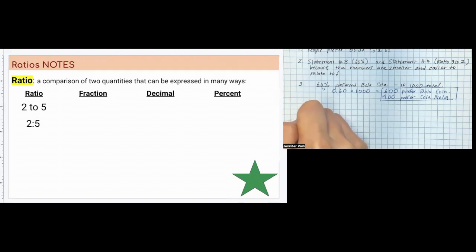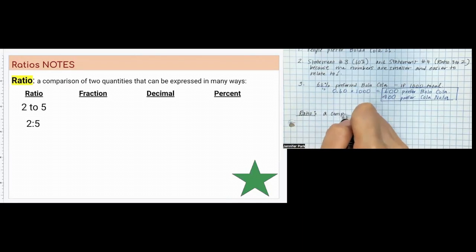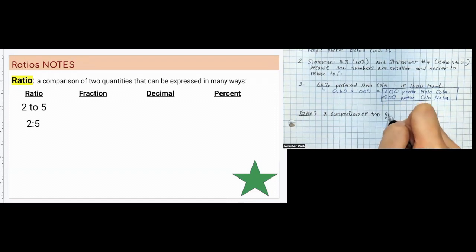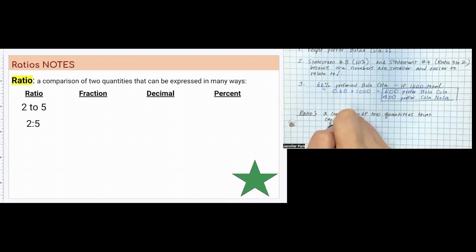Ratio: a comparison of two quantities that can be expressed in many ways, can be written in many ways, right?